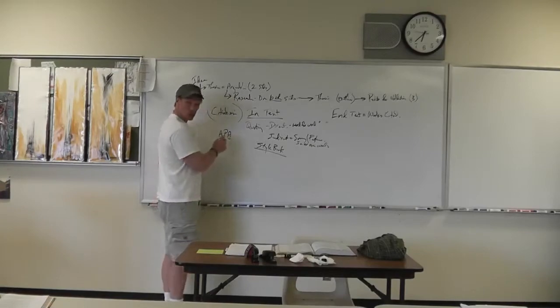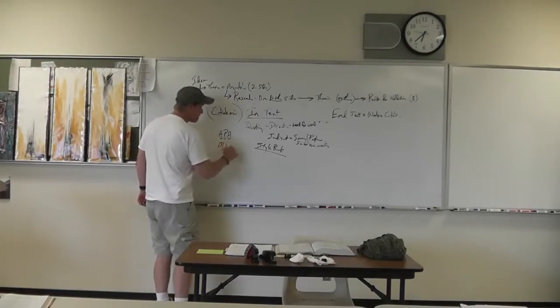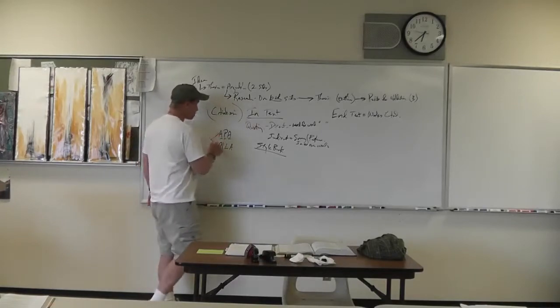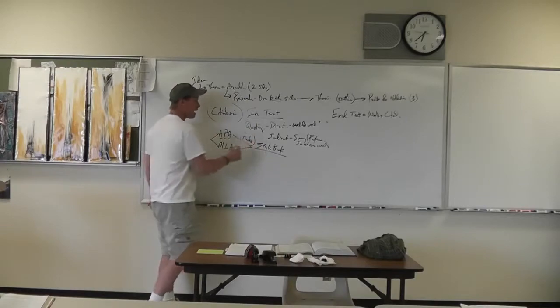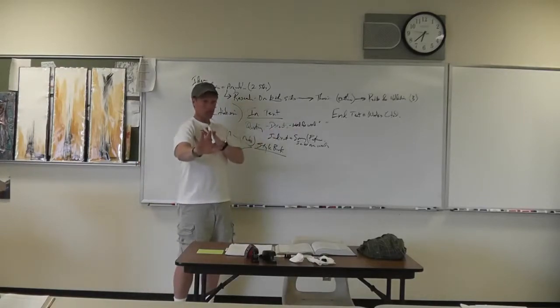Remember, psychology starts with a P, that's what I'm doing, right? The APA style book. The second style book is called the MLA style book, okay? Now, all these style books mean, again, just simply the rules of how you present your information. That's all it means, okay?